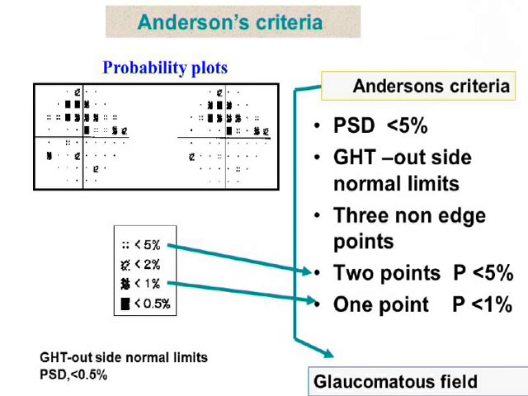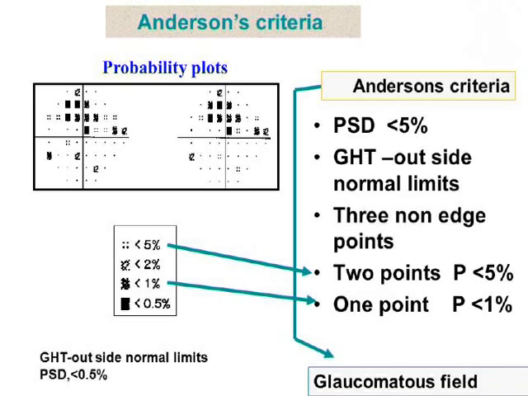And you should know, to pick up early localized scotoma, there is the Anderson criteria. You know that to pick up early localized scotomas, two indices are developed. One is PSD, one is the glaucoma hemifield test, GHT.